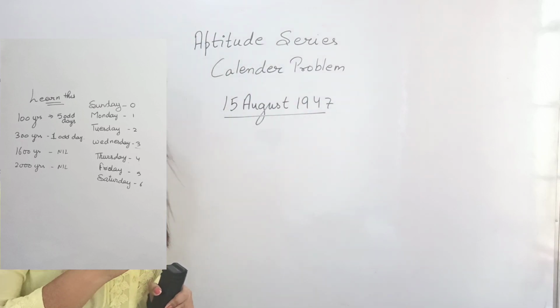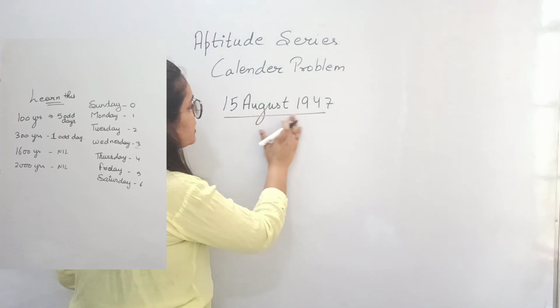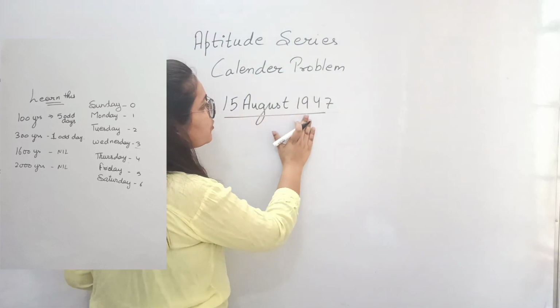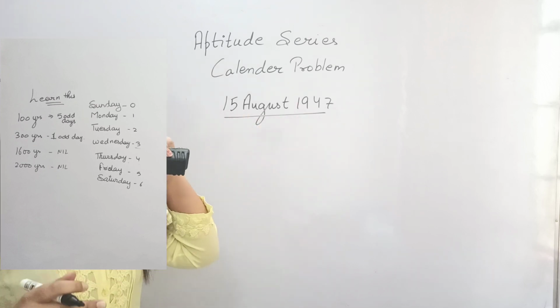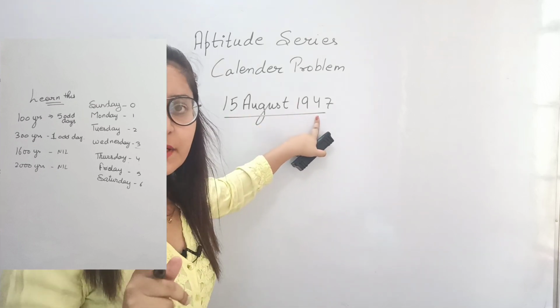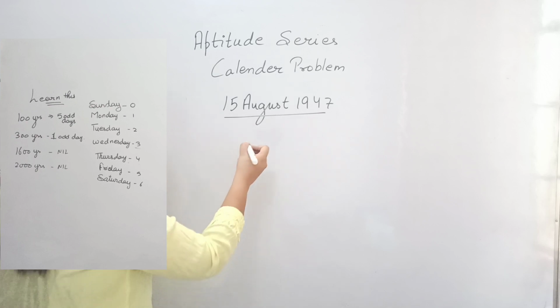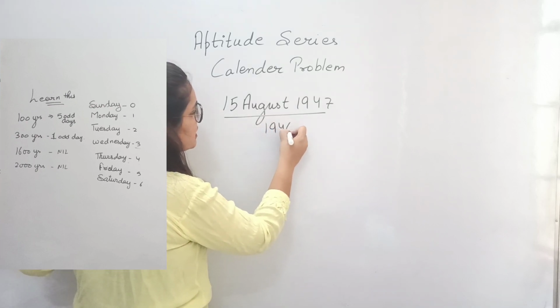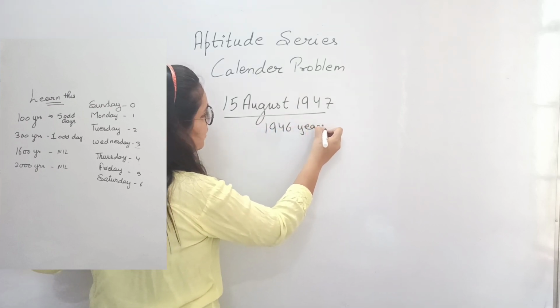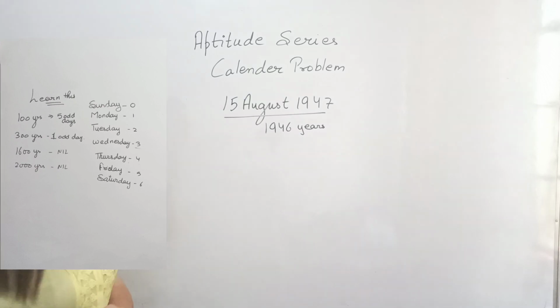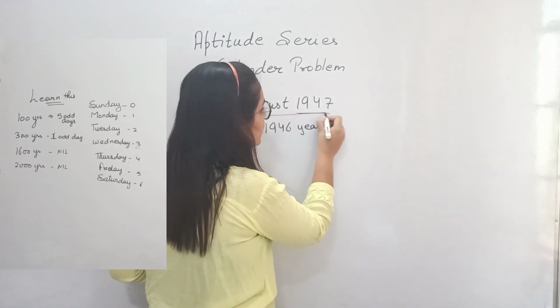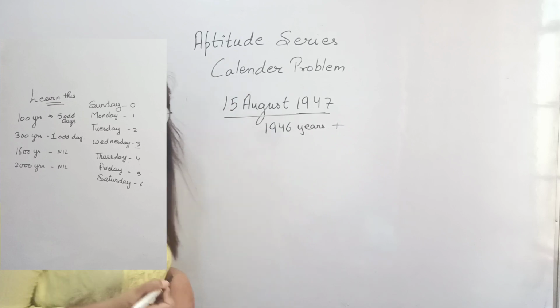So let's calculate. We have completed 15th of August up to 1947, which means the year 1947 is not yet complete, but 1946 years are totally completed. Clear? And for 1947, how many days are gone?